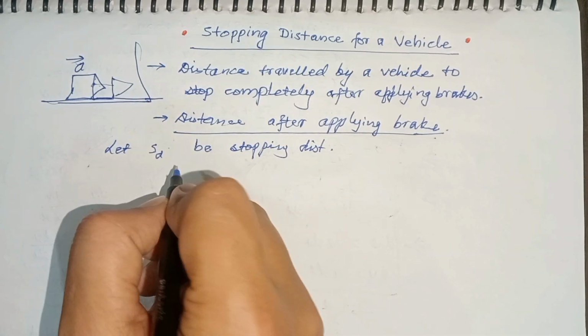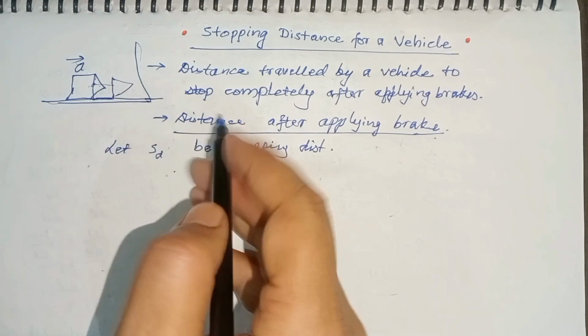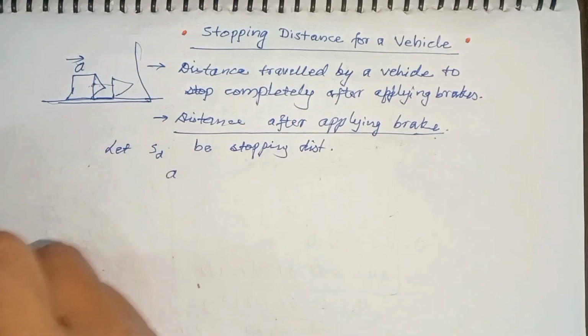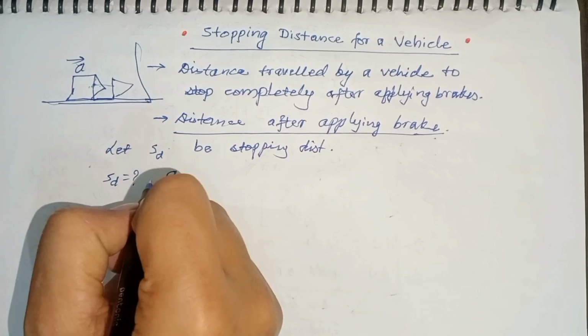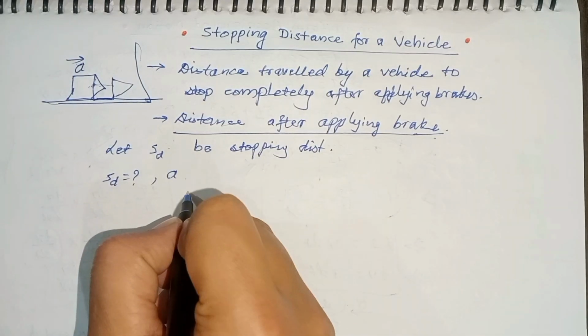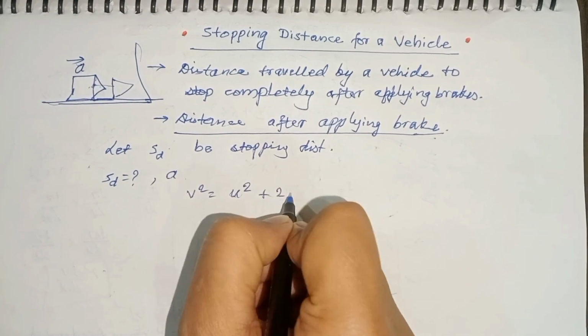Now here we see one equation. We remember the vehicle is traveling with some acceleration a, and we have to find the stopping distance. One equation we remember: v square equals u square plus 2as.